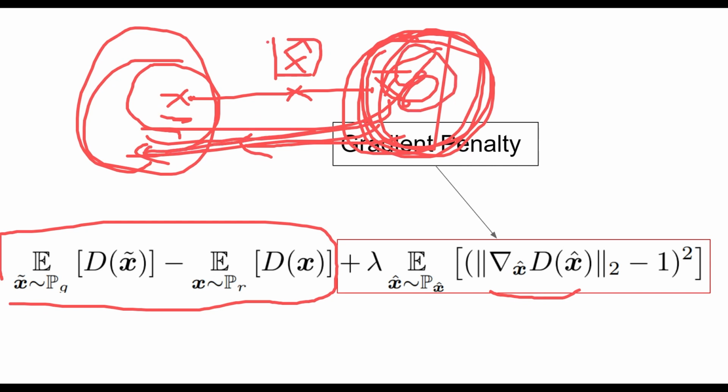So we have to make sure that on this path the Lipschitz condition is satisfied. But we actually don't know what kind of path it is. We have no idea what the path is, because it depends on how we train it. So we just randomly pick one way to do so, that is, the straight line between them.